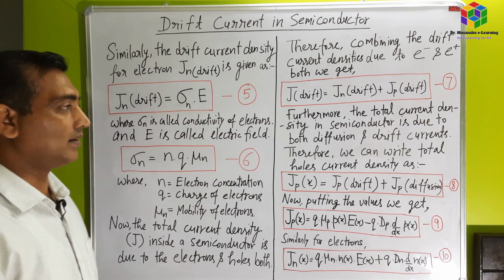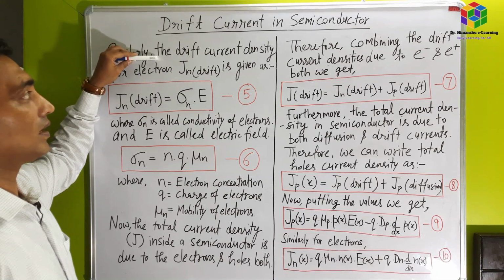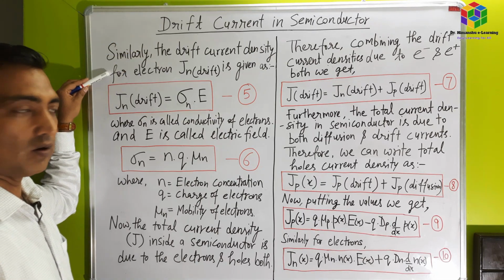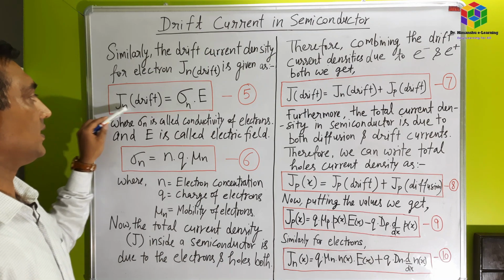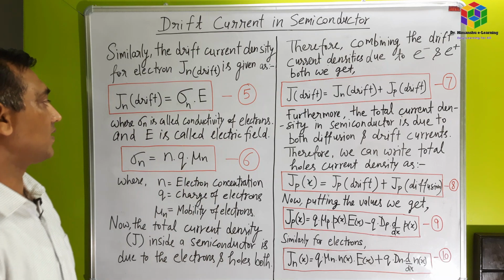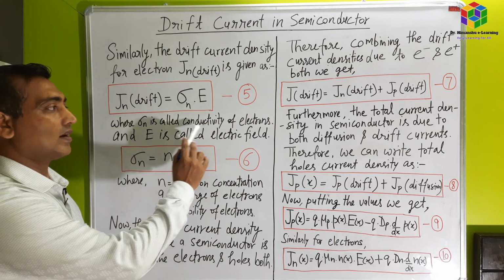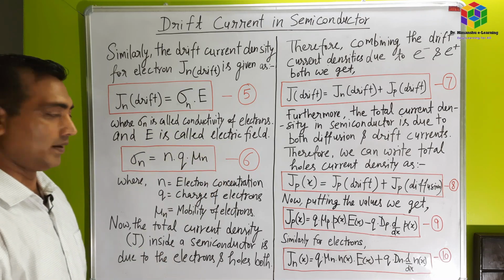Now let us see similarly the drift current density for electrons, that is Jn drift, given by equation number 5. Jn drift is equal to sigma n into E, where sigma n is called conductivity of electrons and E is called electric field.